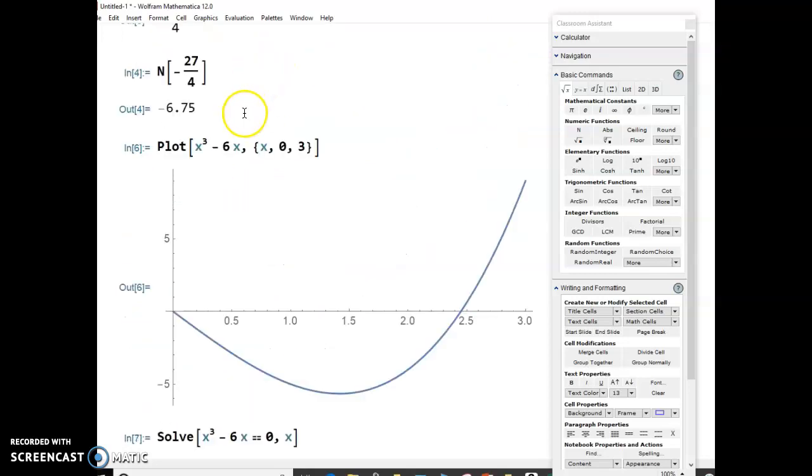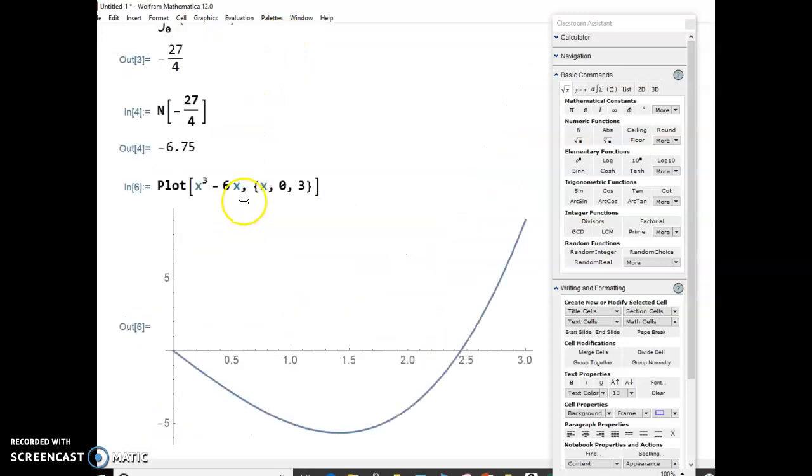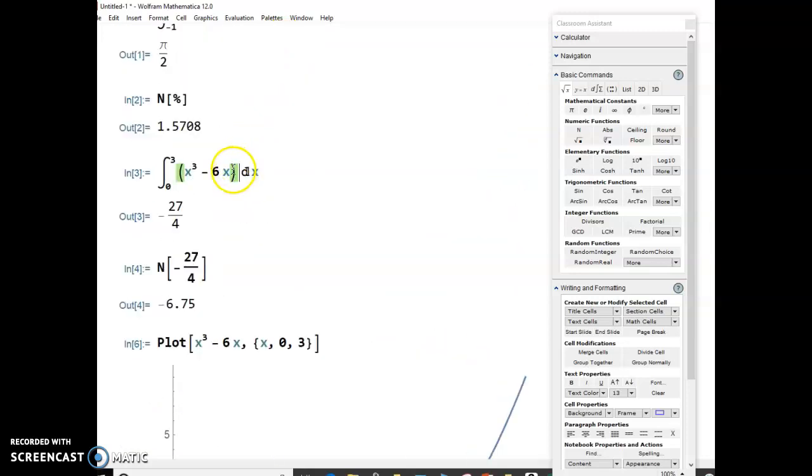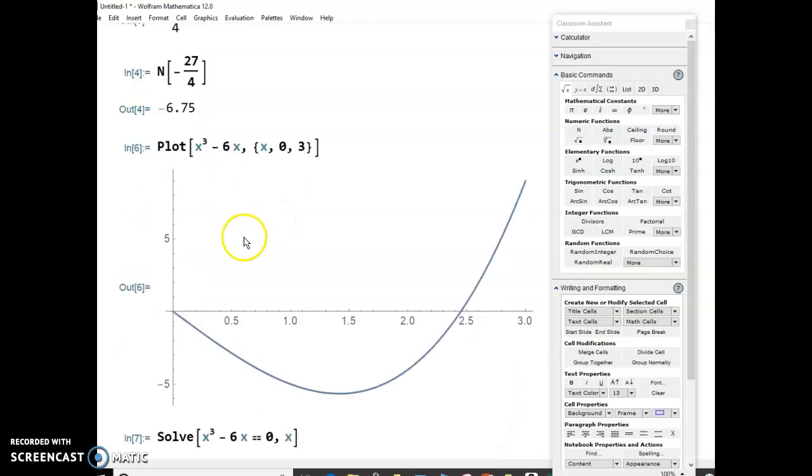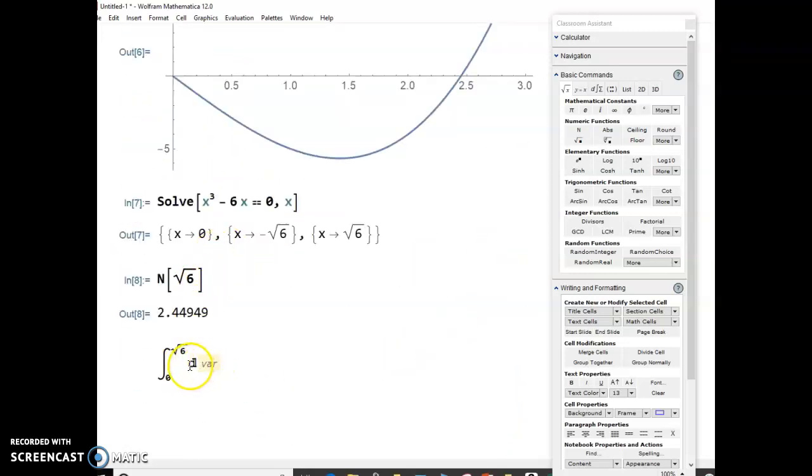I want the actual function. This function right here. I'm going to just copy it and put it in here. Let's see if we can get it in there correctly.